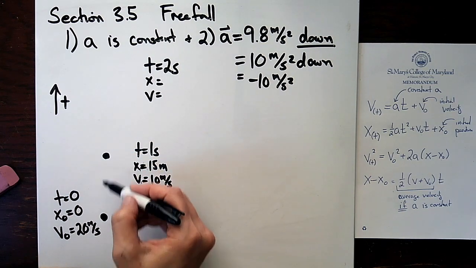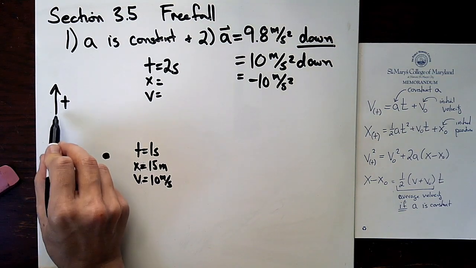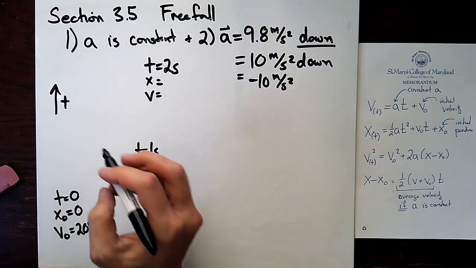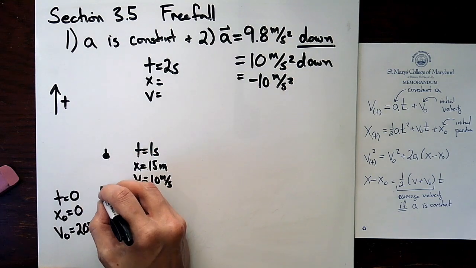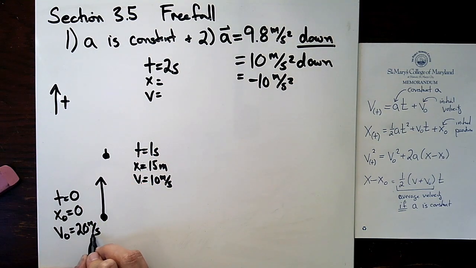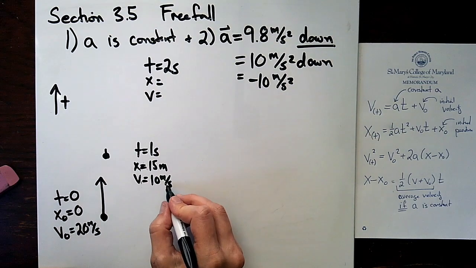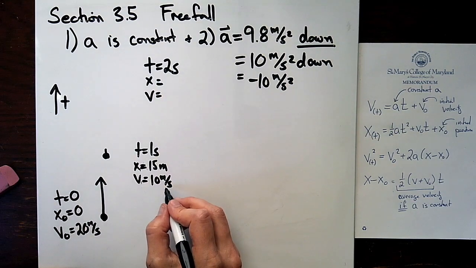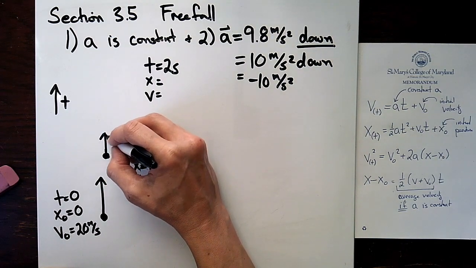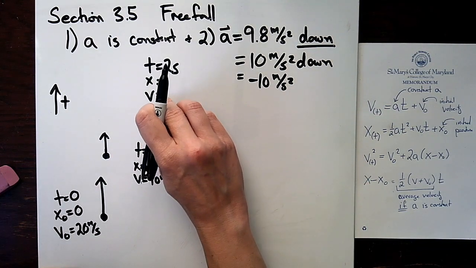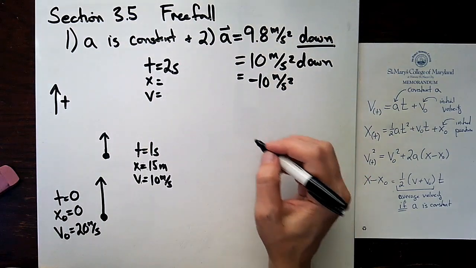Position's positive, that's how we know we're above 0 in the positive direction, and v is positive, so we are traveling upwards. Let's go ahead and write those arrows. So here we have a biggish arrow because we're going 20 meters per second. Here we're going half of that speed in the same direction though, so we'll draw an arrow that's half as big.